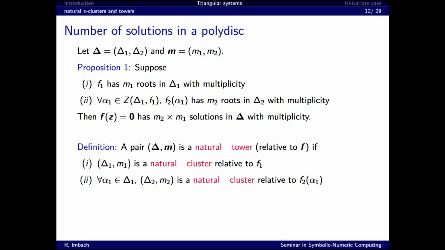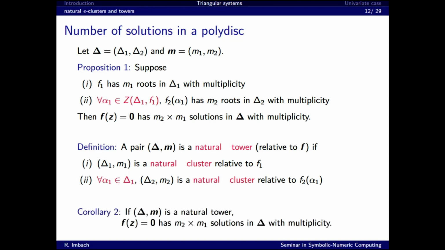And then for any point alpha 1 in delta 1, delta 2, m2 is a natural cluster relative to f2 specialized in alpha 1. Actually, this second condition for being a natural tower is a bit stronger than the second condition for this proposition. So if a pair is a natural tower, it will satisfy this proposition, and we can count the number of roots with multiplicity, which will be m2 times m1.